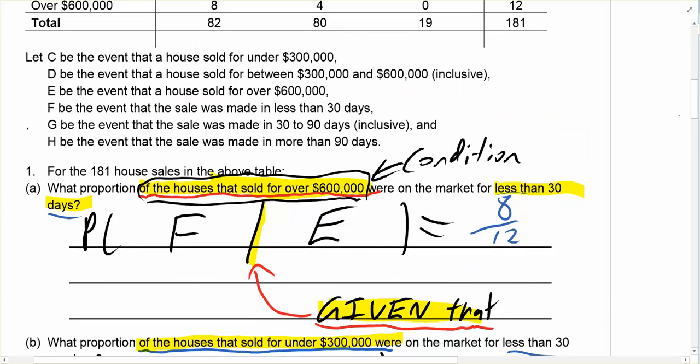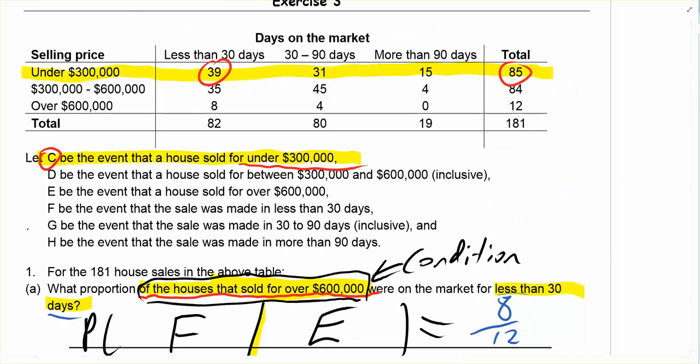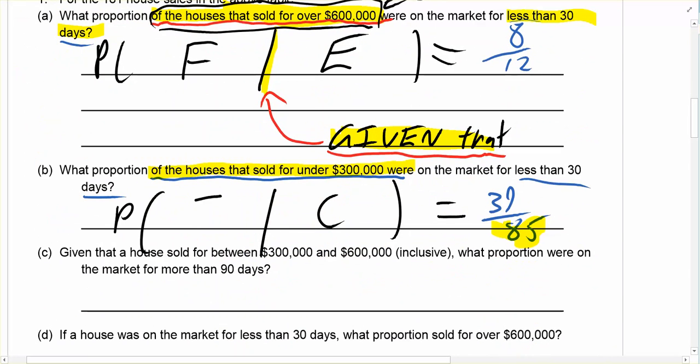It says here under 300,000, I'm calling C, so given C. And on the market for less than 30 days is F. So it's the probability of F given C equals 39 out of 85.